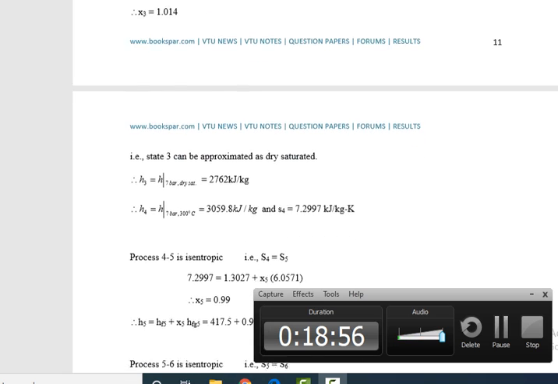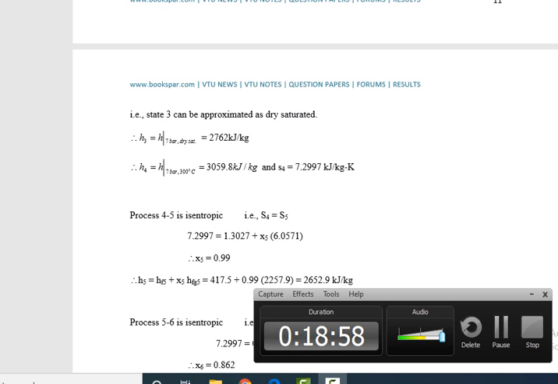After that, we go to state 3, and at state 3 the steam is considered dry saturated. Therefore, you go to 7 bar pressure in the steam table and take the value H3 from the steam table, 2762 kJ per kg. Then you take the H4 value at 7 bar pressure along with the temperature 300 degrees Celsius.